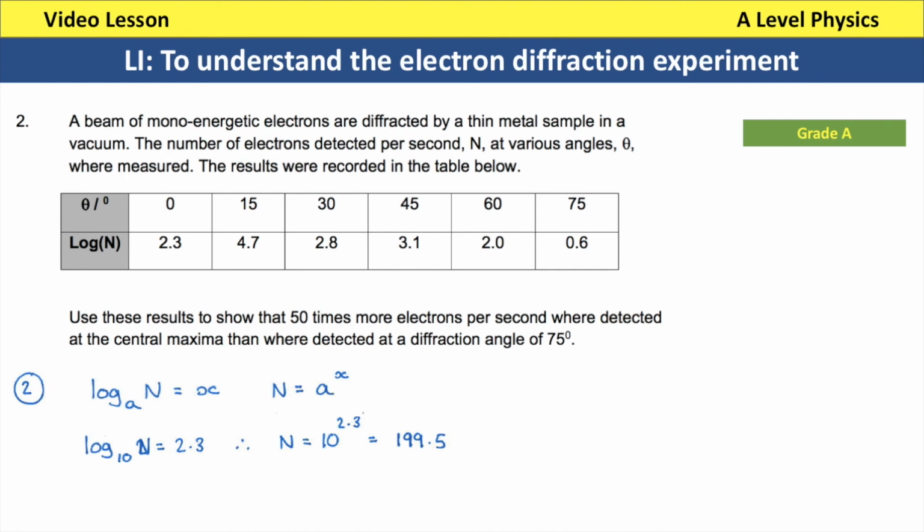We then use the same logic to say that log to the base 10 of n equals 0.6 means that n is going to equal 10 to the power of 0.6, which on the calculator should come out as 3.98. Now, the whole point of this was to show that that is 50 times more, and so we do 199.5 divided by 3.98, which comes out as 50.1, and so hence we have shown that 50 times more electrons were detected at the central maximum than they were at 75 degrees.